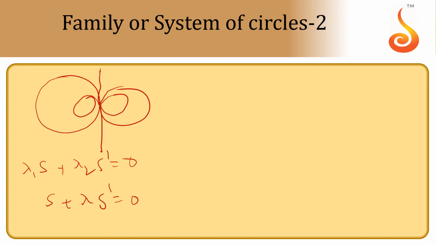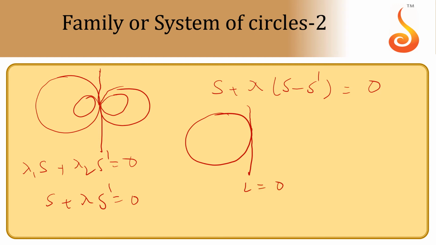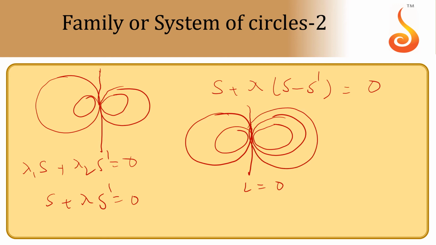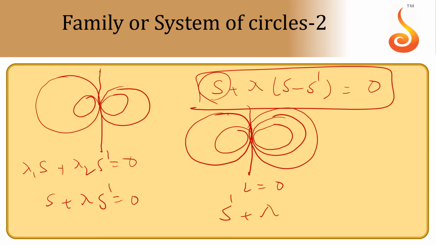Now you can do it like this also, S minus S dash. Let us assume it is L. Then all the circles which touch at that point, all those infinite circles, you will get with this family. In place of S you can use S dash also.